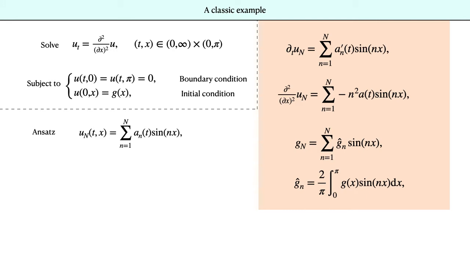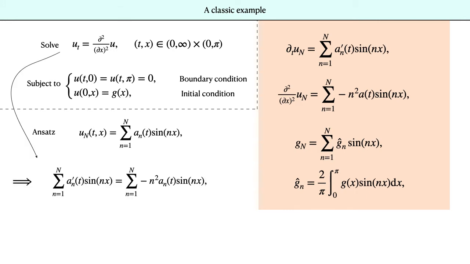We want the ansatz to satisfy the equation, and if we plug it into the equation and set the time derivative of the ansatz equal to the double derivative in space of the ansatz, we get this equation.